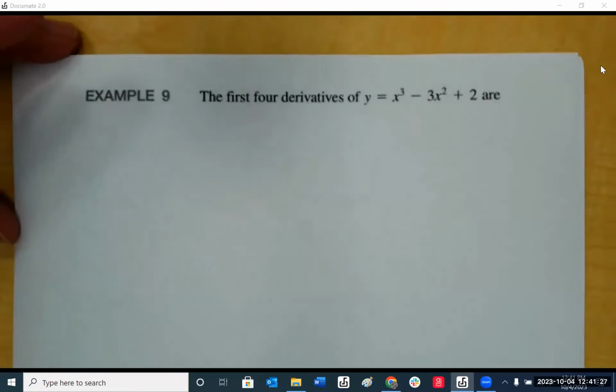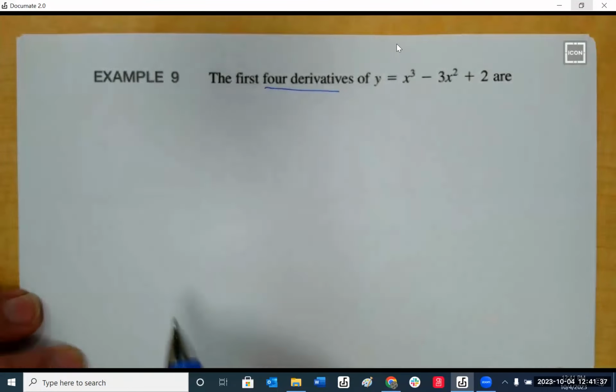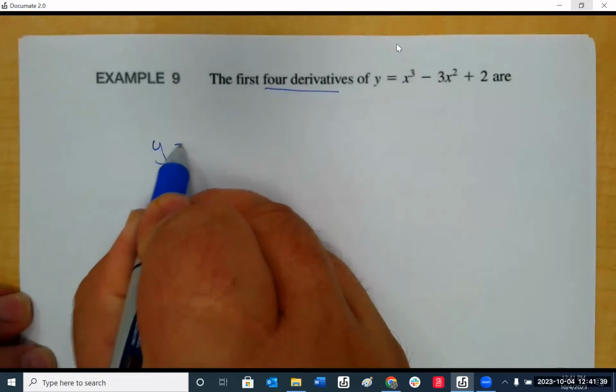Now, you asked me a week back, can we take more than one derivative? Yes. Take the first 4 derivatives of this function.